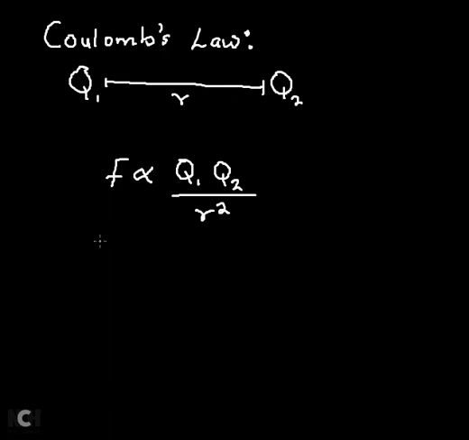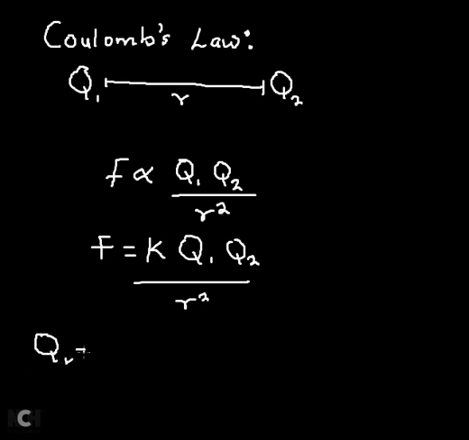Of course, in mathematics we replace the proportional sign with an equal sign, then we have to introduce a constant of proportionality K. So that means the electric force according to Coulomb's law is given as F = KQ1Q2 all over r squared.